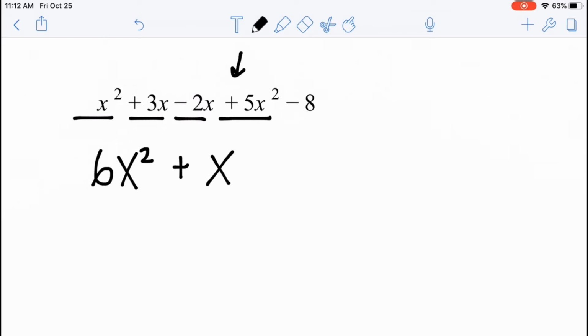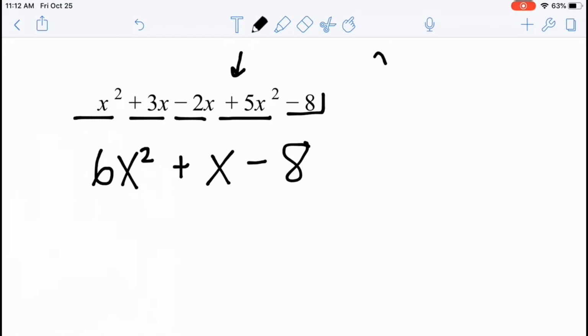Because remember, with the variables, the 1's are invisible. Okay? We have no other x with an exponent of 1. So let's do now our last number. There are no other numbers to add or subtract to it, so it's just going to be minus 8. So essentially, we're grouping together everything that is the same.